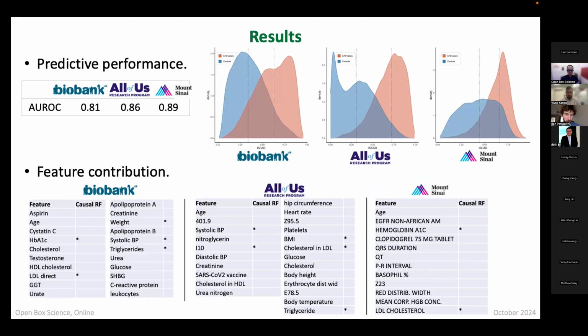We defined, I think it's 6 or 7 risk factors that, thanks to our clinical collaborators, they label as causal. So an increase or decrease in those features would mean a change in the risk of having the disease.